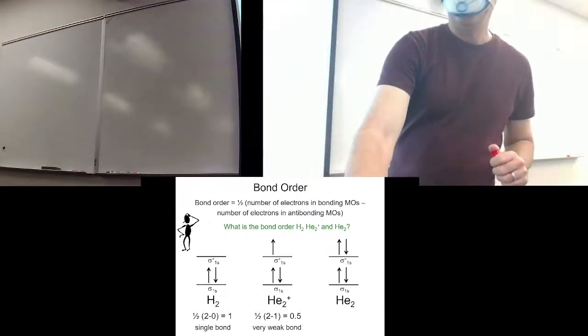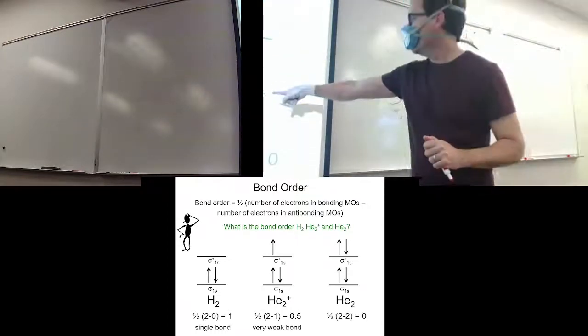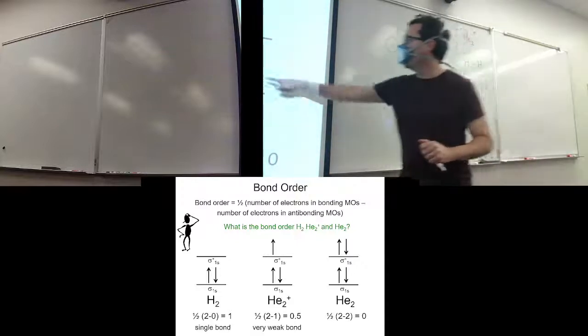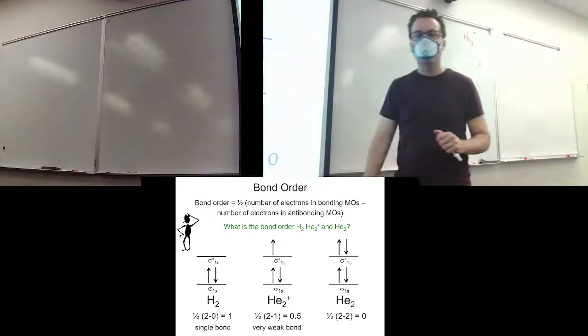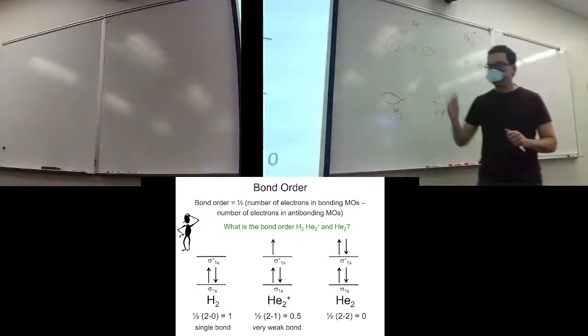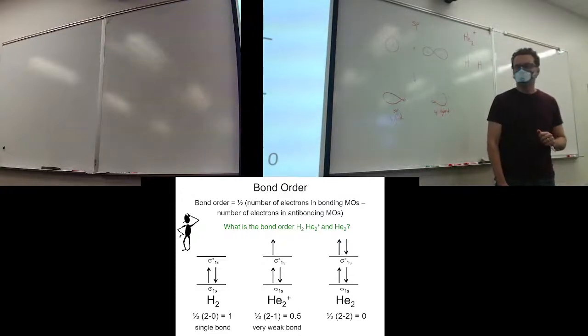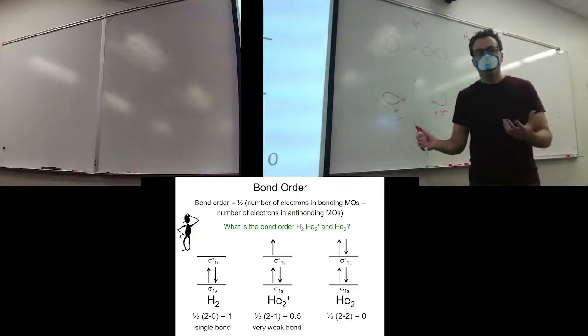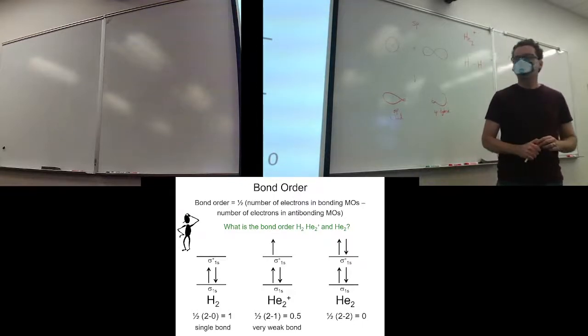And then if I look at the weird one, this He2, 2 minus 2 times a half is 0. We knew this. Helium doesn't make bonds. But here's the confirmation via molecular orbital theory. We have 0 bond order. So this is one of the advantages of MO theory.